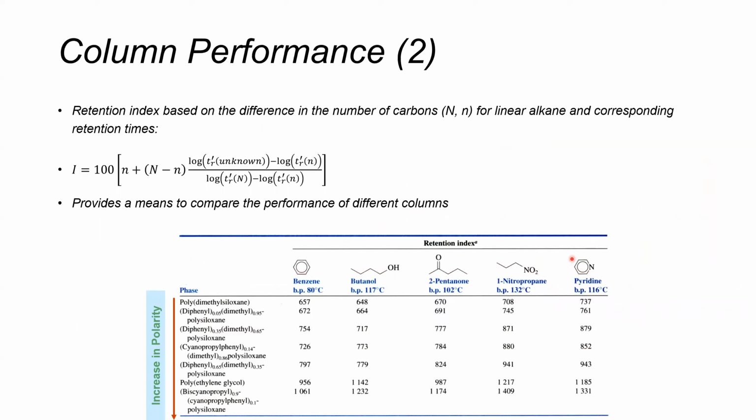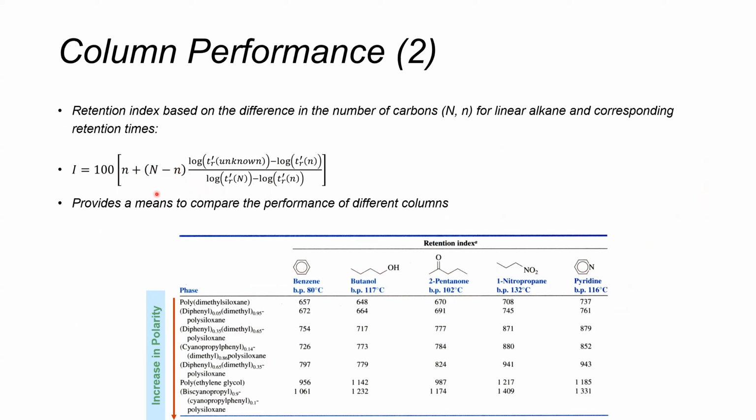So the retention index is based on the difference in the number of carbons for linear alkanes and the corresponding retention times. So we've got I is the index, and that's equal to 100 times the product of this term: that's n plus small n minus small n.